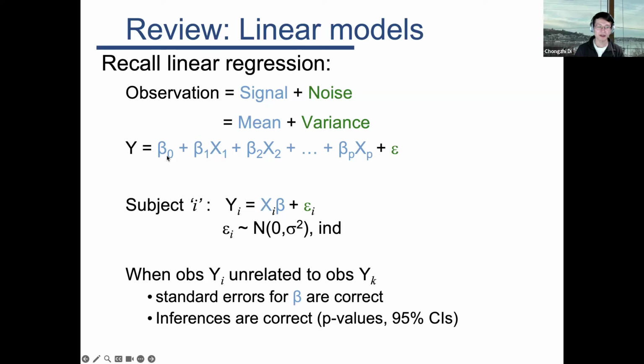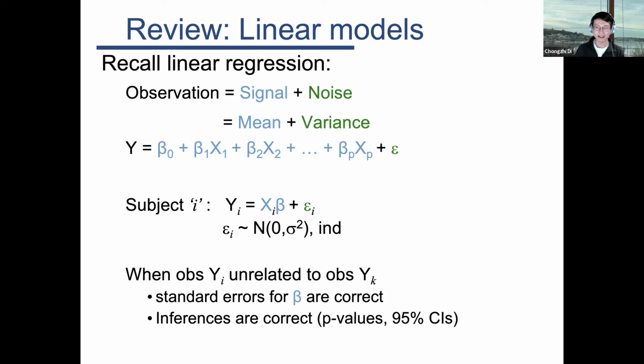So you have a linear combination of some predictors, and the coefficients beta_j tell us how strongly each predictor is correlated with the outcome, right? This part is the signal, and this is the noise part. For the noise, we typically assume they are independent of each other and follow some common distribution. Then we can do least squares, get estimates for the beta coefficients, and estimate standard errors, p-values, and so on.